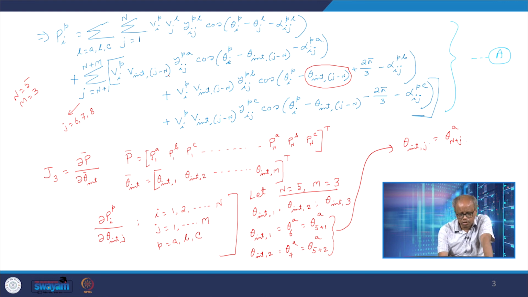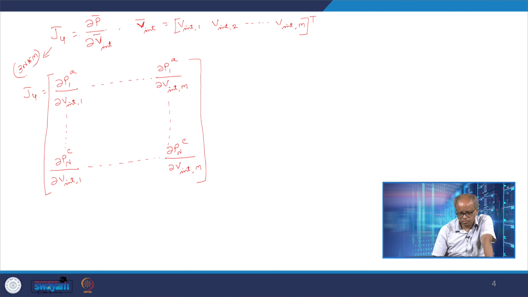So when we are doing this del PIP by del V internal j, we need to remember that j is taking the values of 1, 2 to m.